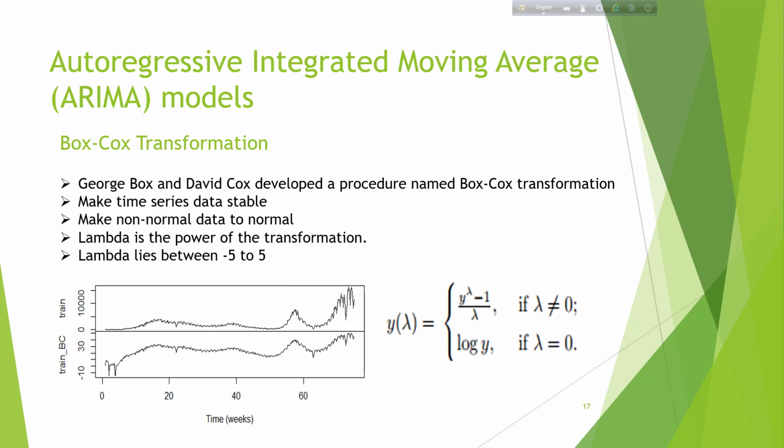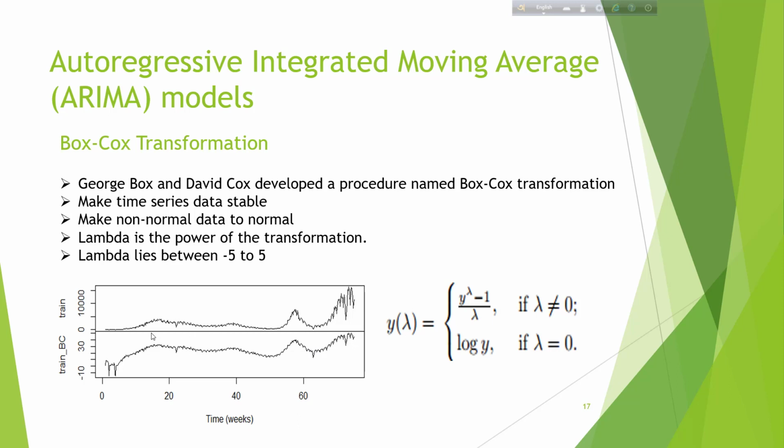So let us take a look at the picture. Here the x-axis shows the time in weeks and the y-axis shows the number of COVID-19 cases. The above figure shows the original data set of the COVID-19 daily cases, and the below shows the Box-Cox transformed COVID-19 dataset.